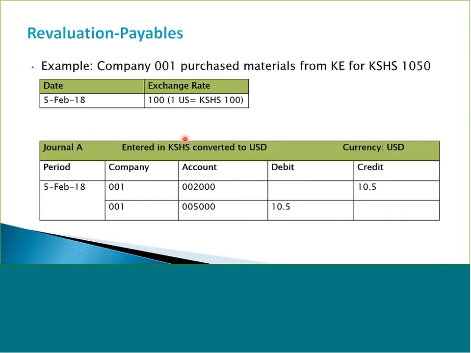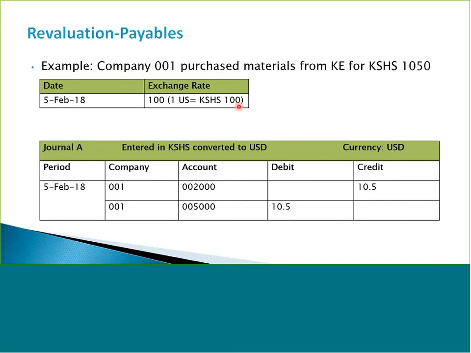So this page over here shows that particular scenario. Maskani Developers purchased materials from Kenya for 1,050 Kenya shillings. On that day, which is the 5th of February 2018, the date we are using in this example, the exchange rate was $1 for 100 Kenya shillings.